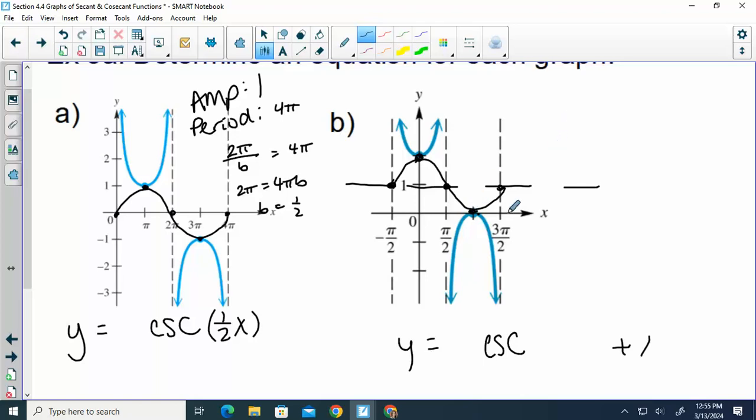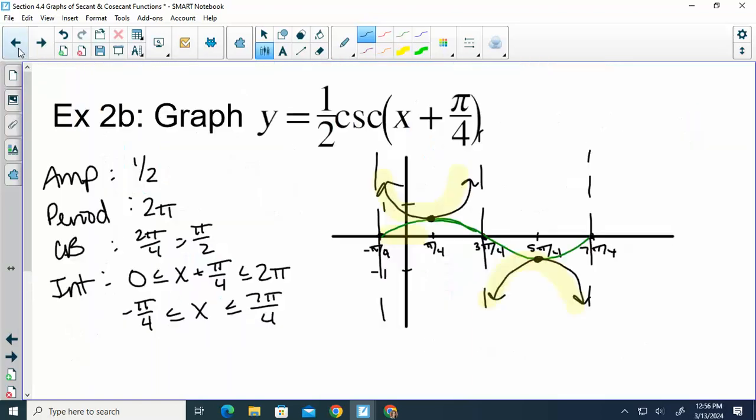Okay, this one is a little bit weird because what's happened to our graph? It went left. So a couple ways you could do this. One, if we think backwards from our interval. This graph was drawn from negative pi over 2 to positive 3 pi over 2, right? But when we set up an interval, we get there at the end, but it had to have been 0 to 2 pi to begin with.